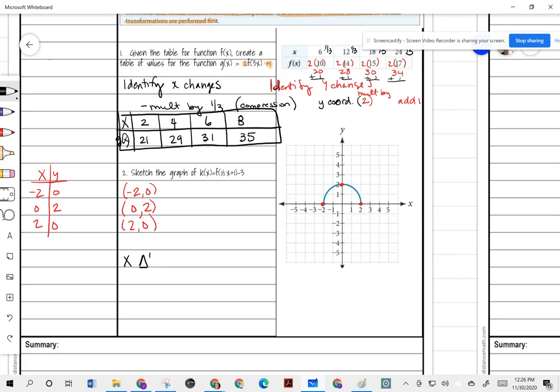So x changes. Notice that it is not in the proper form. So I need to rewrite this so that it fits the proper form. So the first thing I'm going to do is factor out the 1/2. I've always got to factor out the b value so that I have a 1 right in front of that x. And if you remember, when you factor something out, if I were to go 1/2 x plus 1, and then factor out the 1/2, then I'm essentially dividing by 1/2.